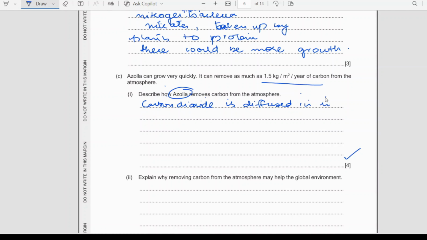Photosynthesis. How it is used in photosynthesis. To glucose. Correct.